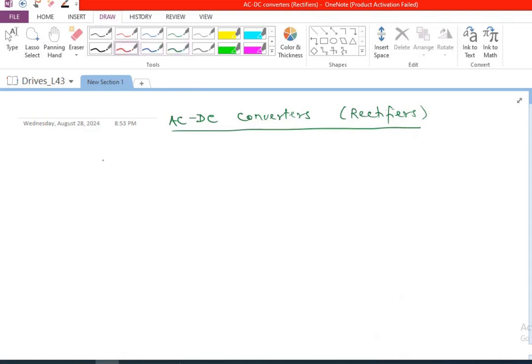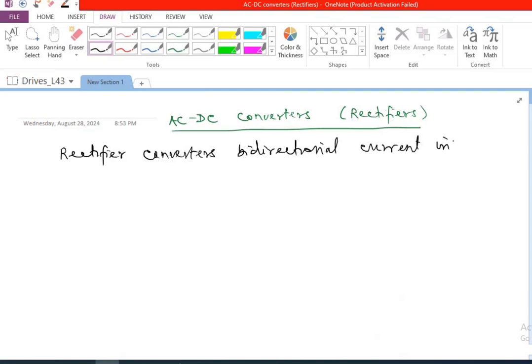So as the name indicates, the rectifier converts bidirectional or alternating current into unidirectional or DC current.